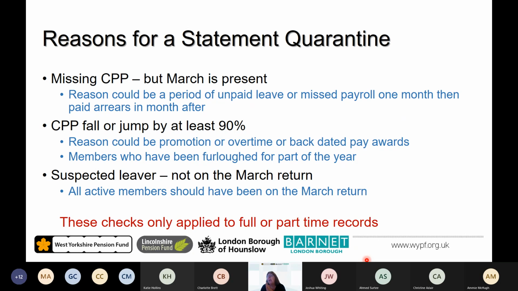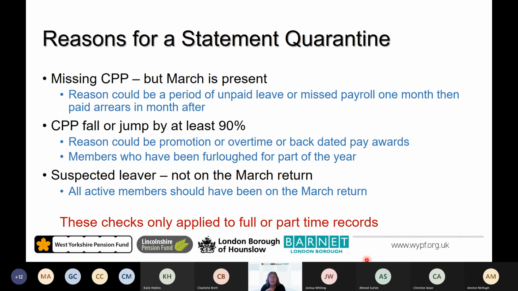If there's been a jump or a fall in their contributions from 1 month to the next, and it's at least 90%, that will cause a query as well. Now, it may be that somebody's had a promotion, or they've had overtime, or they've had a load of backdated pay award, which of course we all got, or I would think most of us got in March this year.